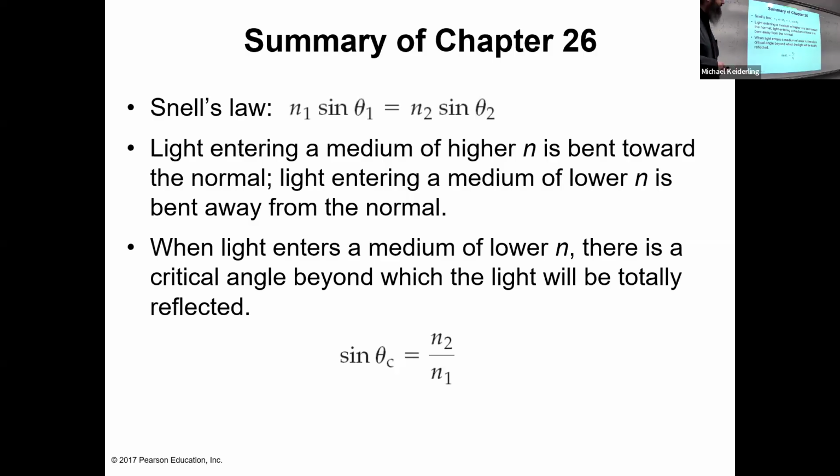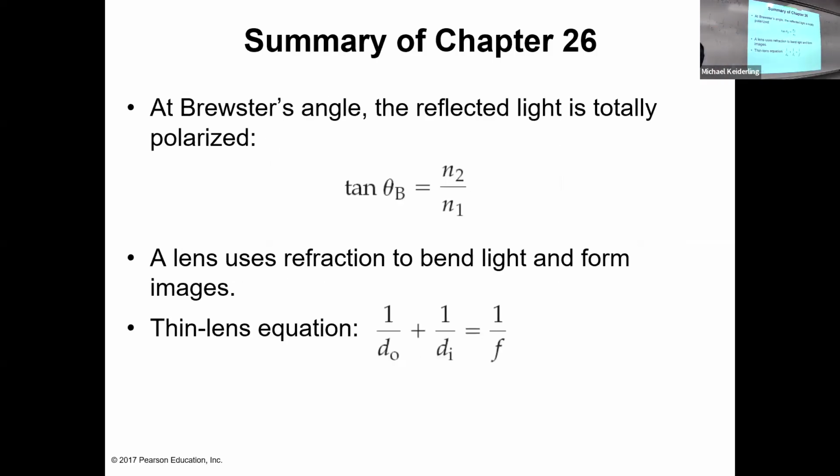The sine of the critical angle is n2 over n1, where n2 is the medium of lower index of refraction. And at Brewster's angle, the reflected light is totally polarized, and the tangent of Brewster's angle is n2 over n1.